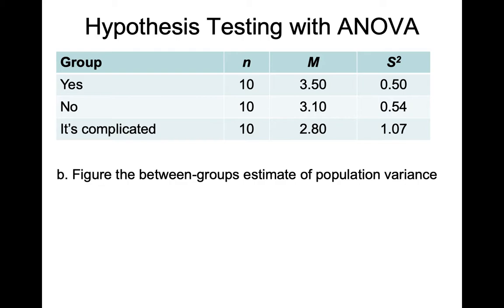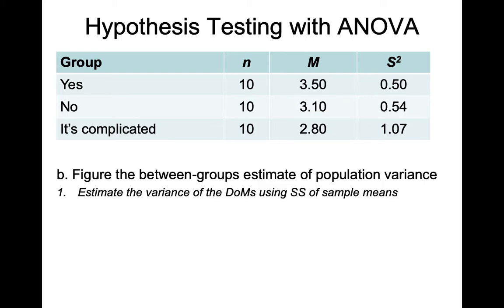Okay, the next thing that we're going to do is figure out our estimate of population variance using the between groups approach. This is a 2-step procedure. The first part of the procedure is to estimate the variance of the distribution of means using the sum of squares from our sample means.